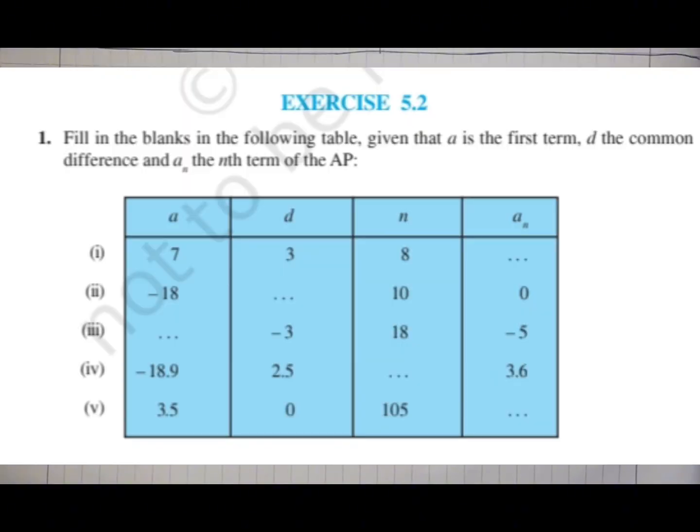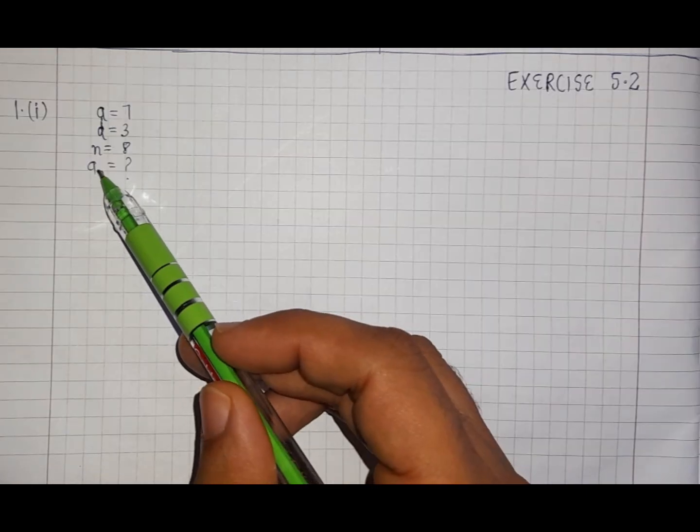Now, exercise 5.2, first question: fill in the blanks in the following table, given that a is the first term, d is the common difference, and an is the nth term of AP. First part: a equals 7, d equals 3, n equals 8, and we have to find the value of an.